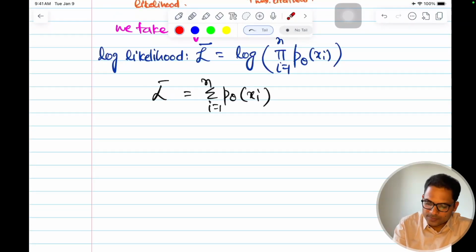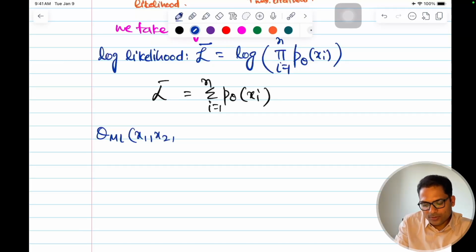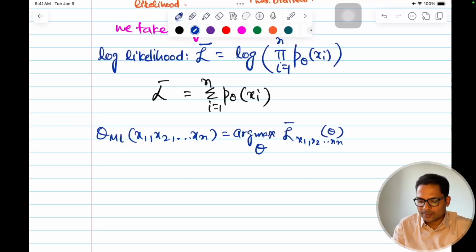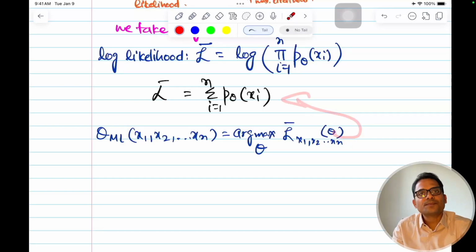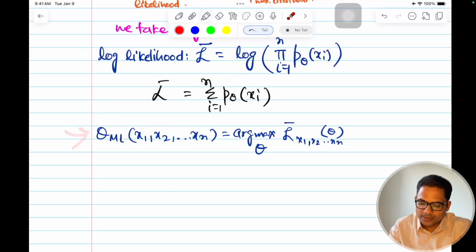So my theta ml, maximum likelihood for observing this data, the parameters which will maximize the probability of seeing such data, will be equal to argmax over theta of L bar, the log likelihood of x1, x2, xn given theta, and this log likelihood is the summation of all the log probabilities. So this is how we find it.